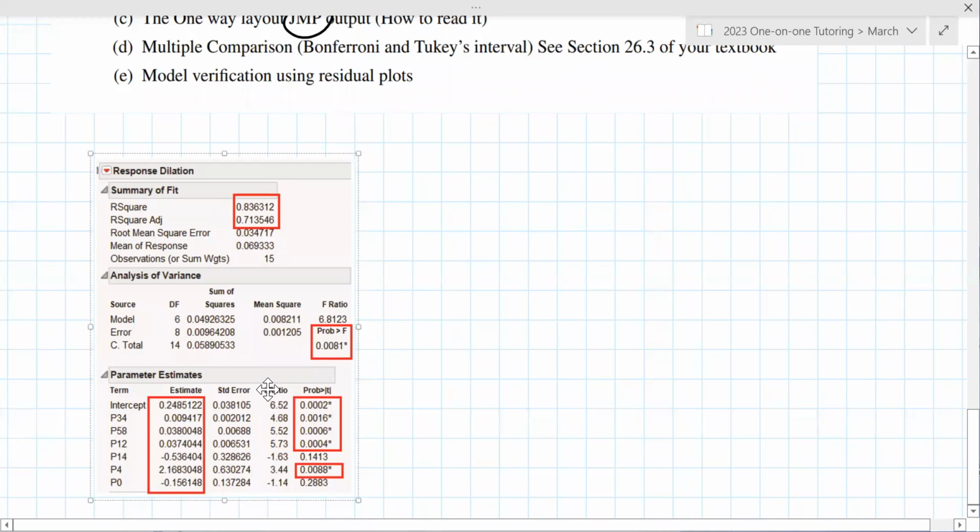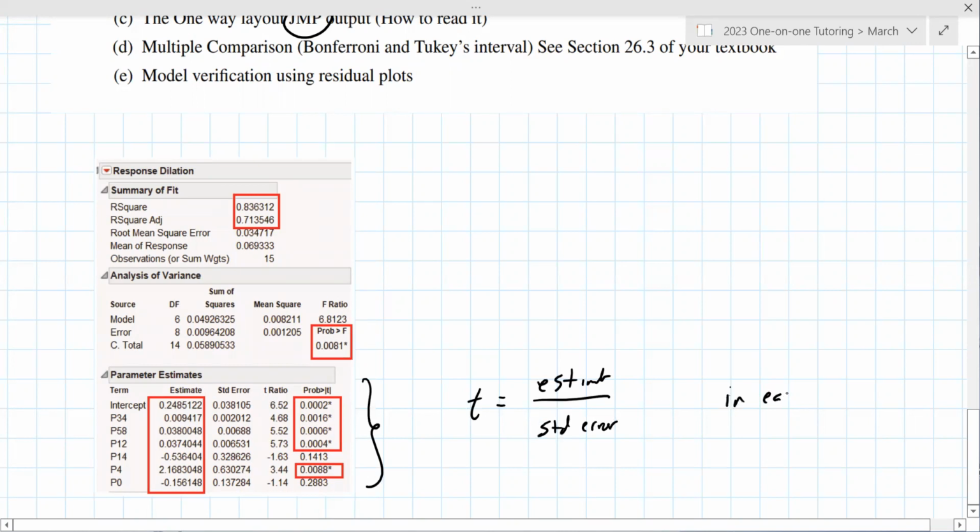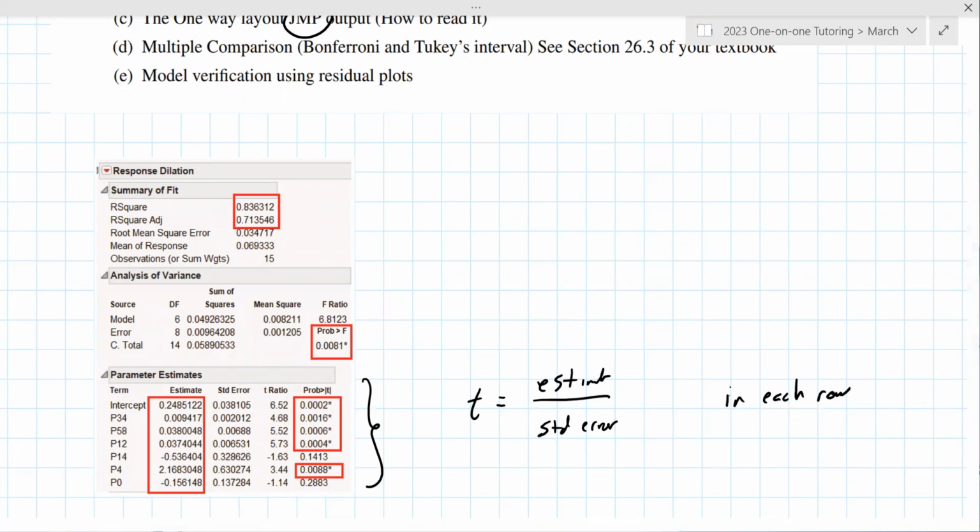And notice there's a P value. The one thing down here that might be worth noting is that the T is equal to the estimate divided by the standard error in each row. You've got the R square, the root mean square, and some other stuff. You just have to know how to interpret this table and maybe be able to calculate some values in there.